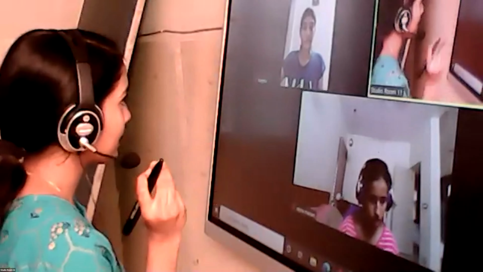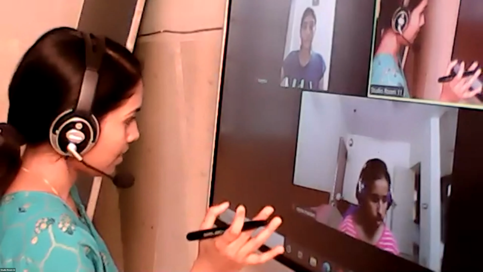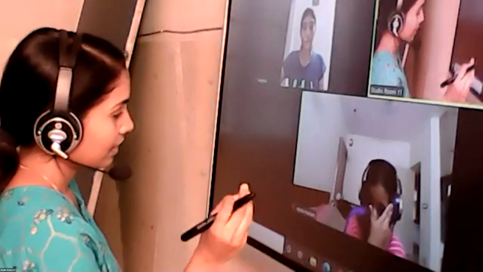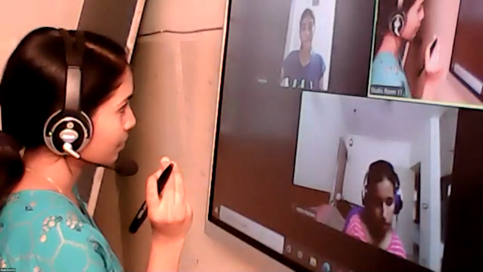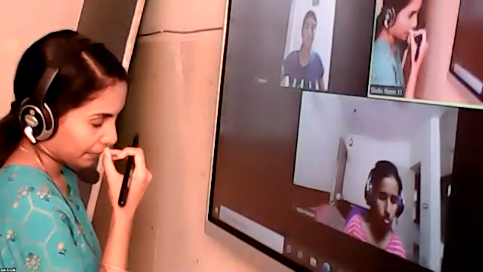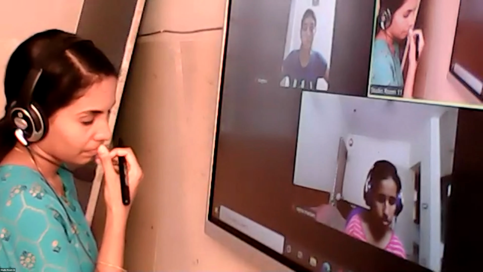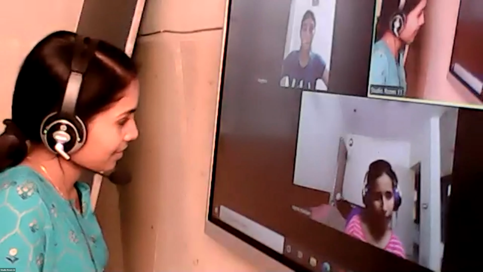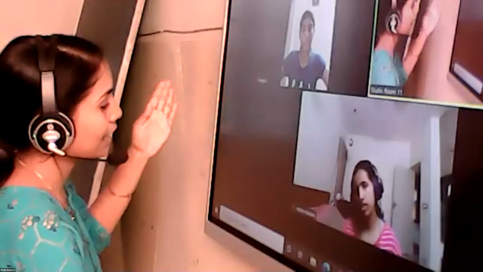Then check which category my BMI belongs to. Reina, take page number 342. Underweight. Yes, underweight. Very good. It's a correct answer because it's below 18.5. The BMI below 18.5 is underweight.